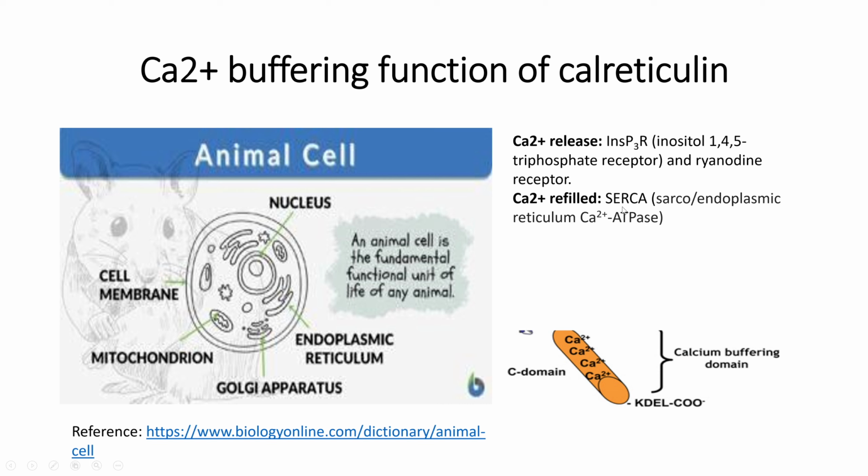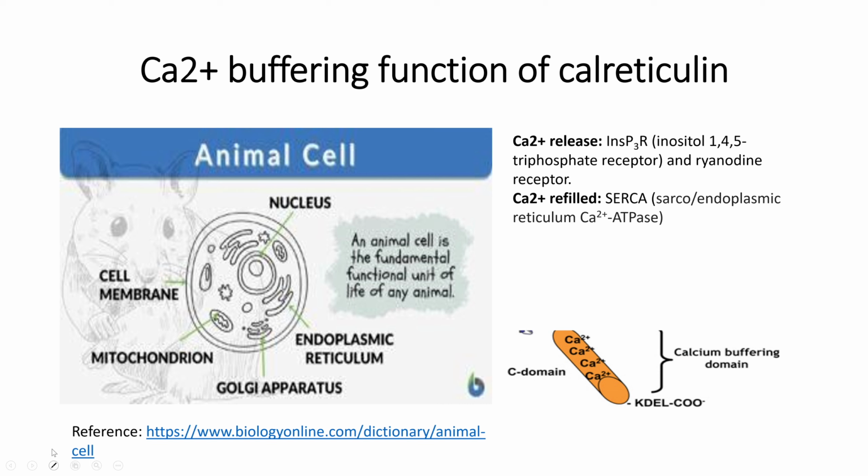But what happens in this process is that a signal is sent to the plasma membrane, from where the additional Ca2+ requirement of the endoplasmic reticulum is fulfilled, and this figure shows.